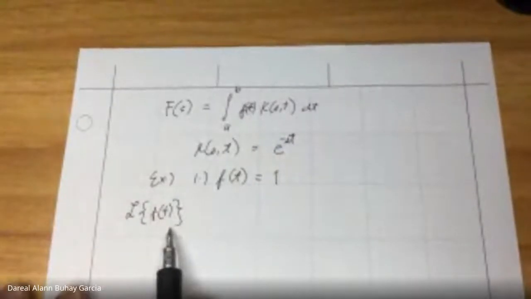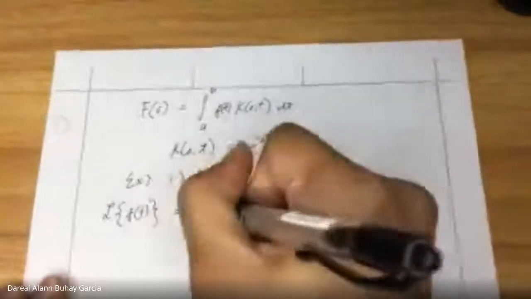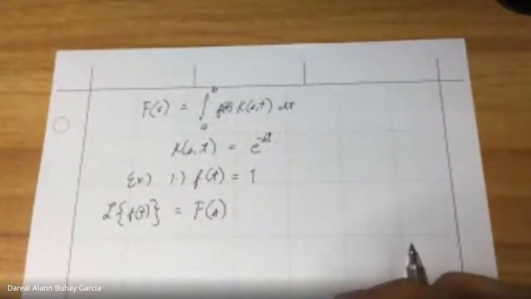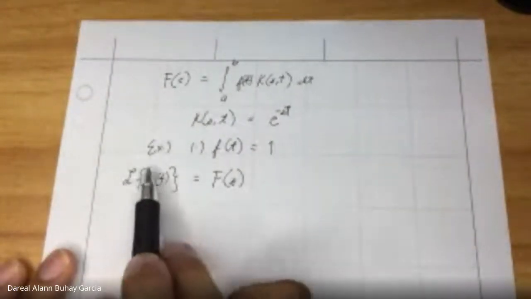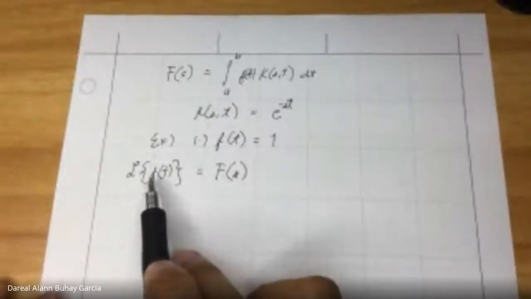Ang meaning ani, the Laplace transform of f of t, which is equal to f of s. Okay? So maybe, or most of the time, kini nga notation akong gamiton, the Laplace transform of f of t.